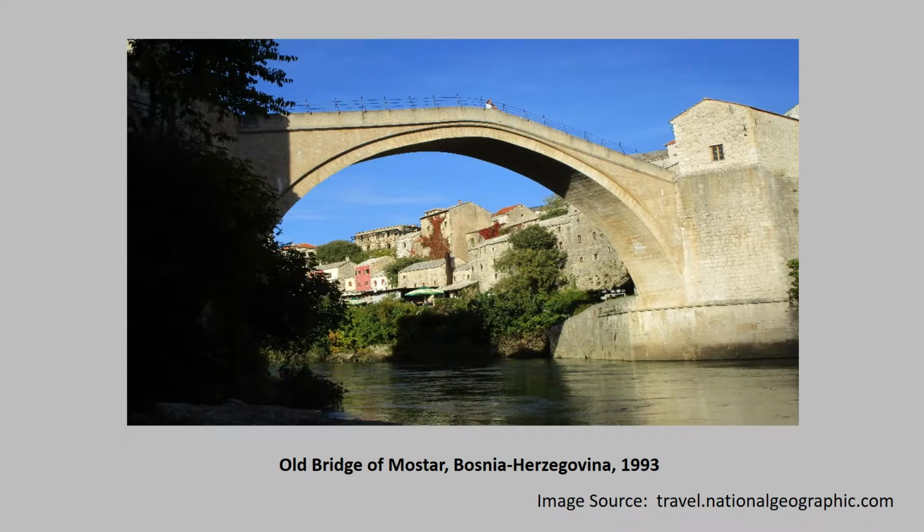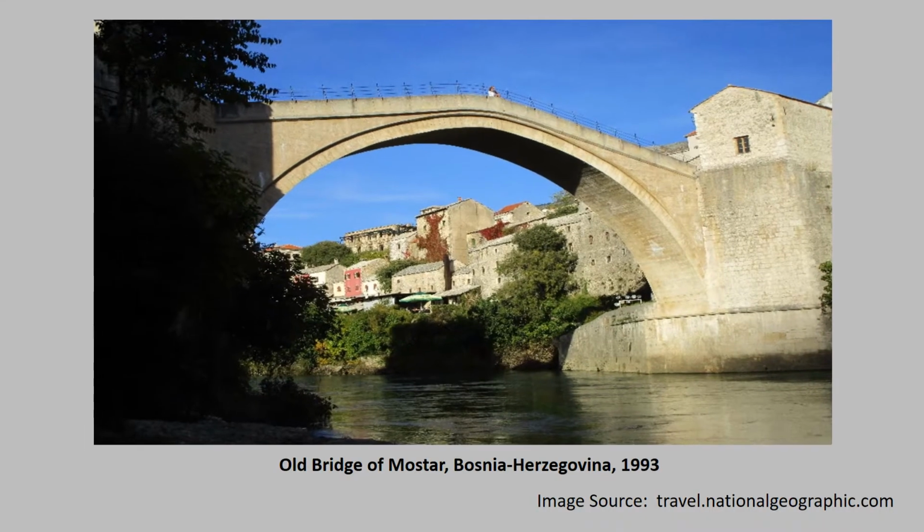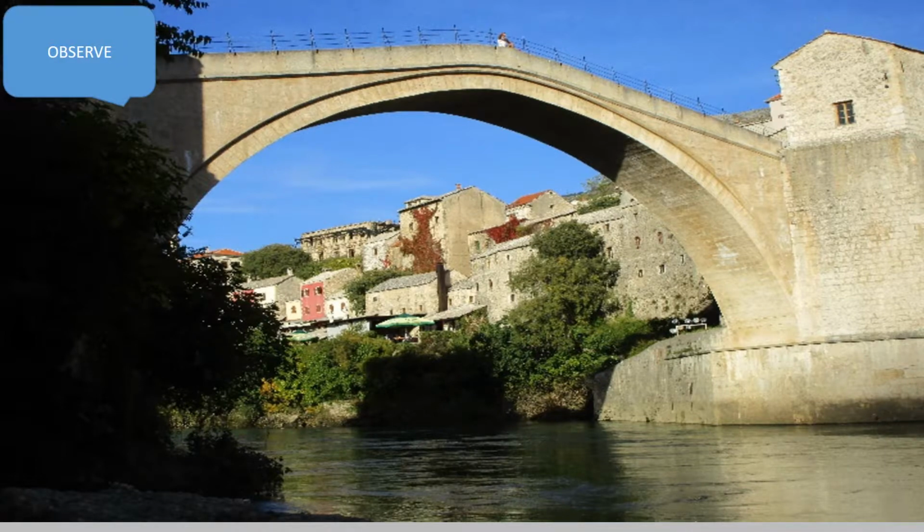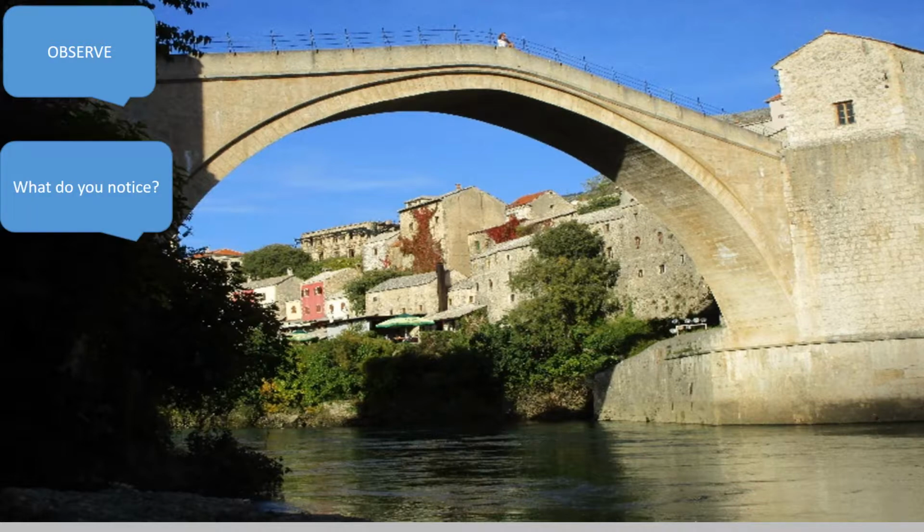By the time we analyze image number 4, we will see evidence of continuity and change. We're still going to ask our students to make observations. They should be really engaged at this point. What might students notice?